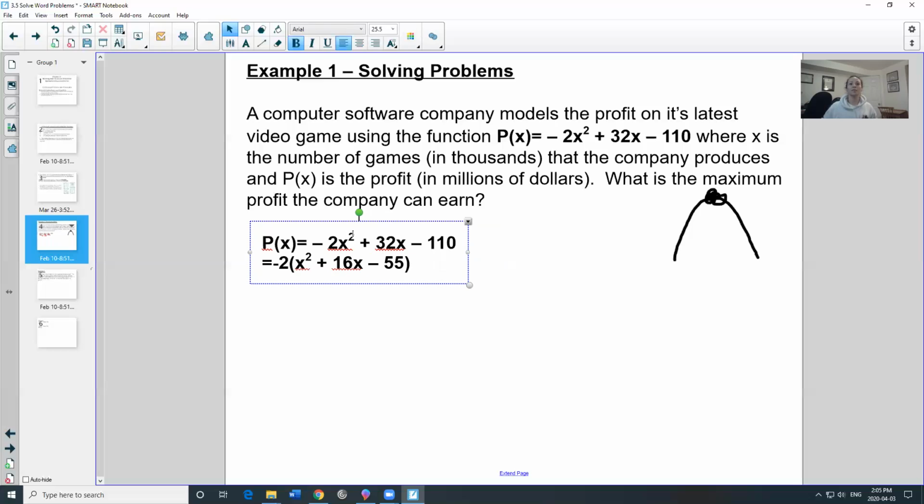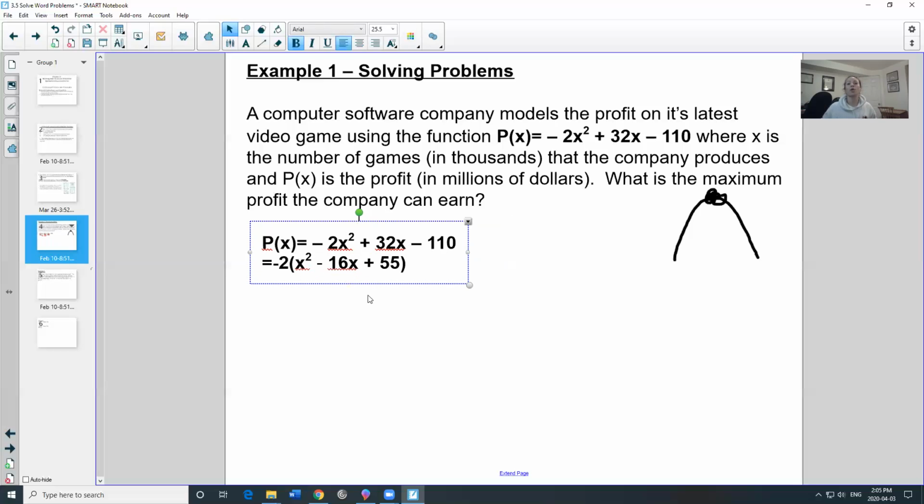Okay, so I'm going to take -2x squared and divide by -2 to get x squared. I'm going to take 32 divided by -2 to give me -16x, and I'm going to take -110 divided by -2 to give me +55.